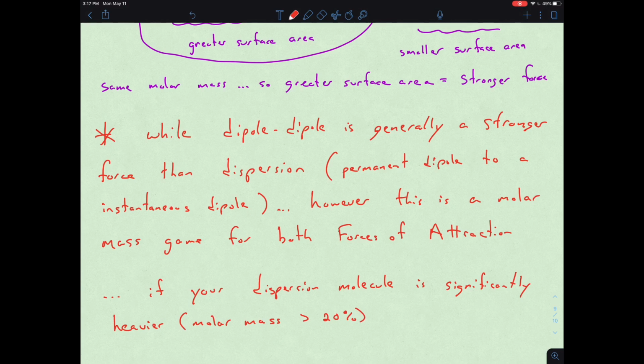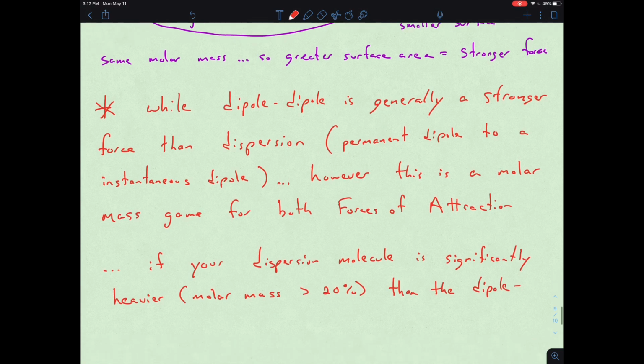So if your dispersion molecule is significantly heavier than the dipole-dipole molecule, then dispersion will be stronger.